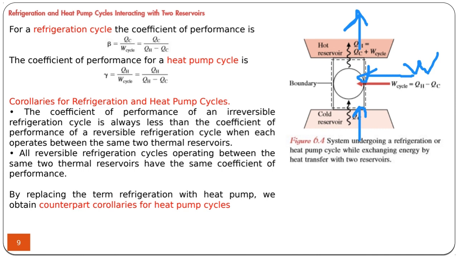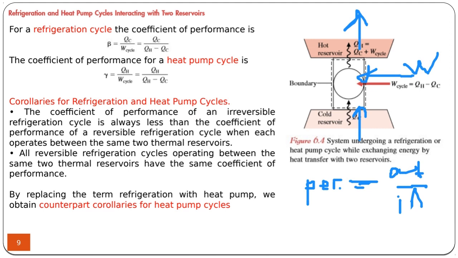The performance of the system is always some output divided by input. In heat engines, we use the term efficiency, but in refrigerators, we do not use the term efficiency, because efficiency is a value which is always less than 1, but the performance of a cooling system can be greater than 1, which is most of the time greater than 1.